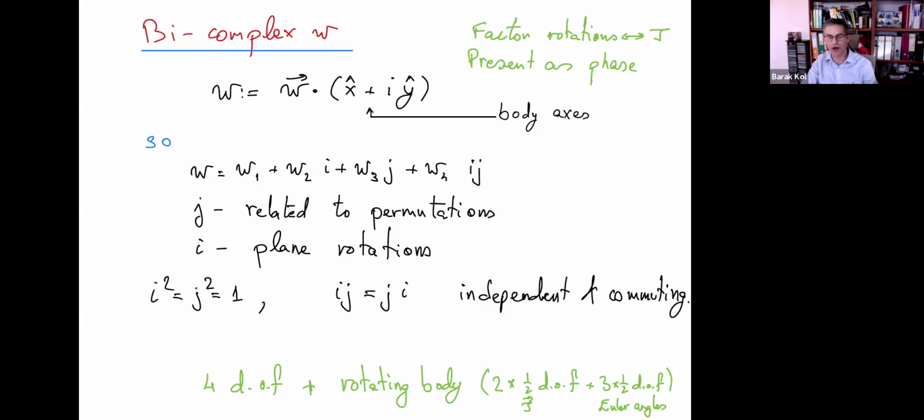Now we want to factor out the rotations or the dependence on the phase. And now we use something that we learned elsewhere. We learned in quantum mechanics that a spinner is a pair of complex numbers. So a bicomplex number, which has 4 components, can also be thought of as a pair of complex numbers. The ones without the J is a complex number, and the ones with the J is another complex number.